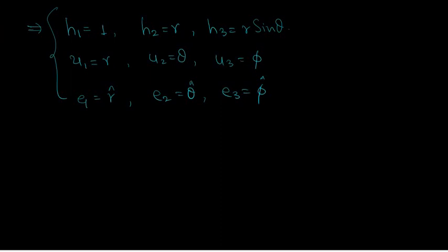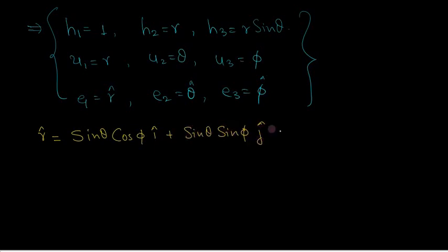These were the parameters that we calculated. Now I'm going to write some vectors. I have probably done this in my matrices transformation lecture, about going from one coordinate system to another. You will calculate your r cap, that turns out to be sine theta cos phi i cap plus sine theta sine phi j cap plus cos theta k cap.